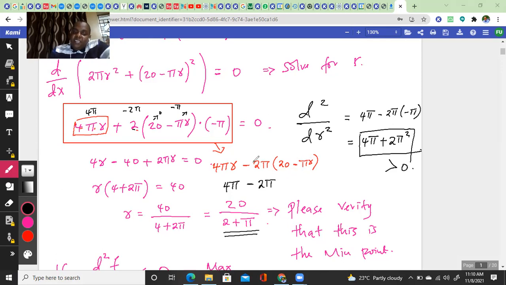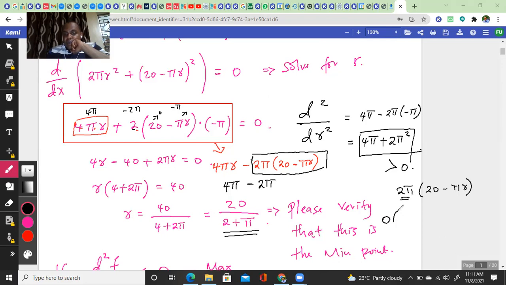We are keeping it because the product rule allows us to keep it. If you think of the 2 pi multiplied by 20 minus pi r, the product rule says that you differentiate the constant, which becomes 0, and then you keep the 20 minus pi r.